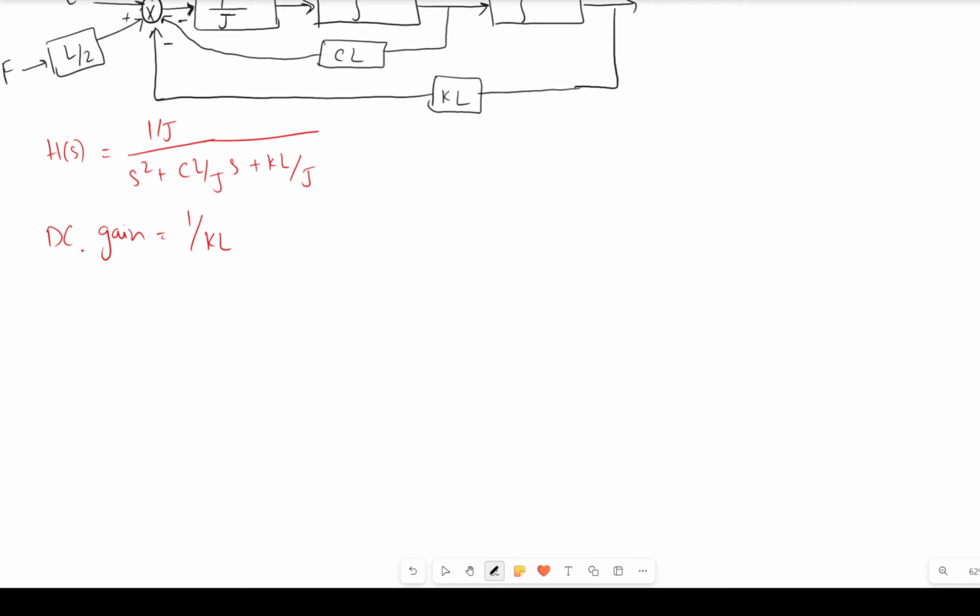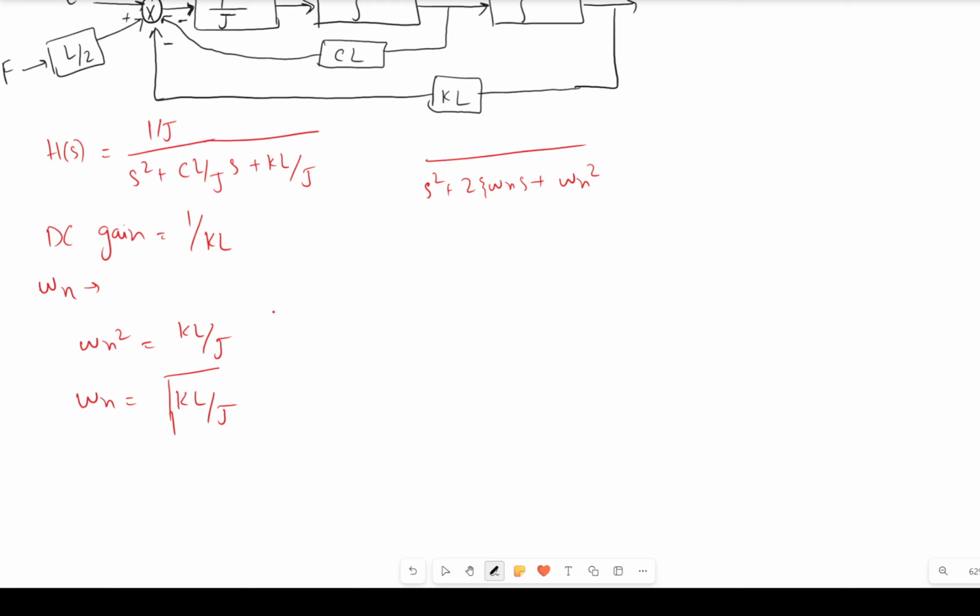Now for the second part, we need to find the natural frequency. The standard second order system has a denominator of s square plus 2 zeta omega n s plus omega n square. So we have omega n square is equal to this term, KL by J, which means omega n is equal to under the root KL by J.